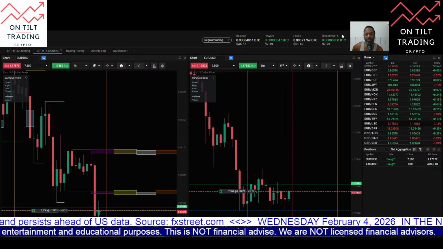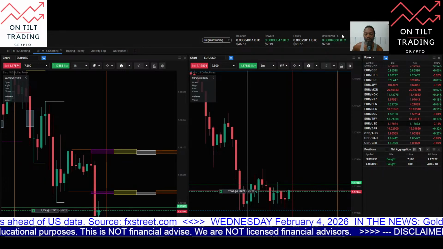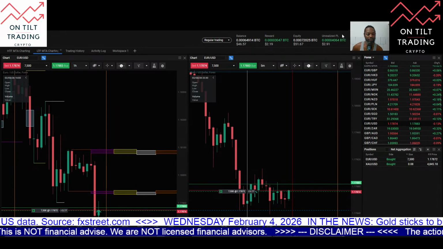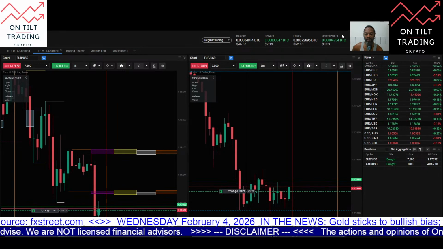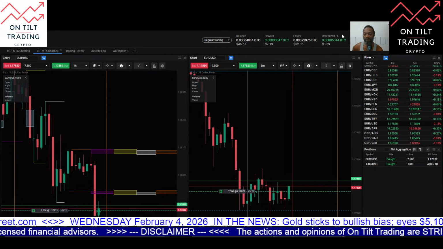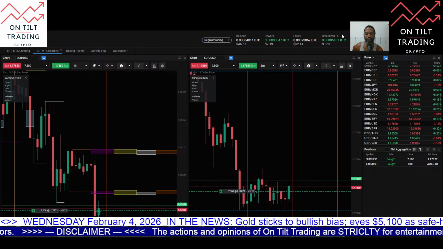Let's see if this pair here, euro dollar, wants to give a 5-minute body candle close above the order block here before the kill zone ends.